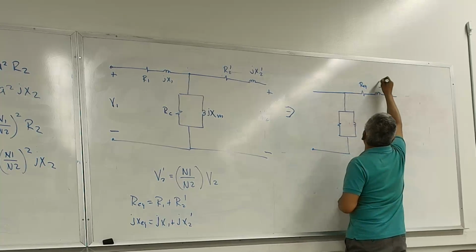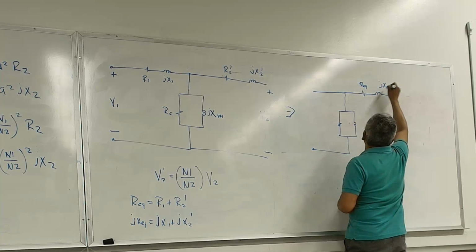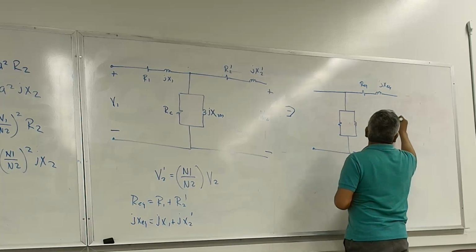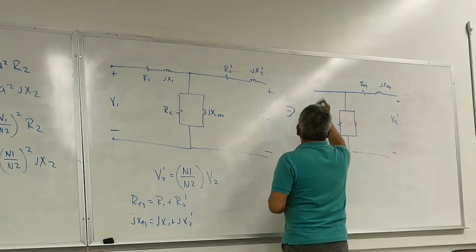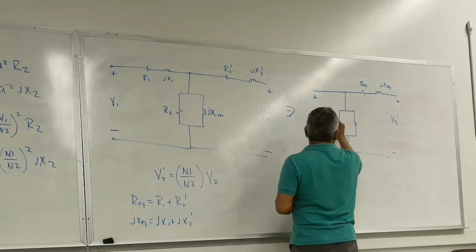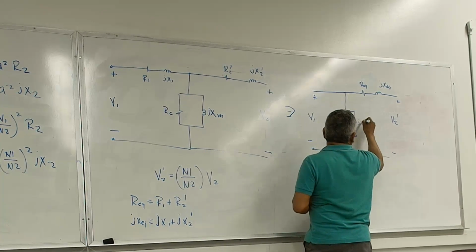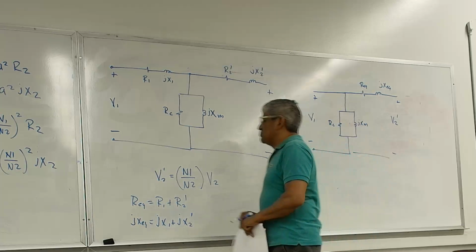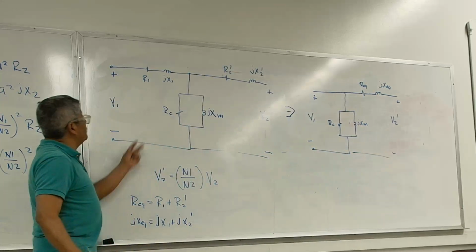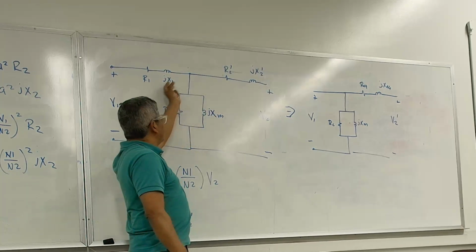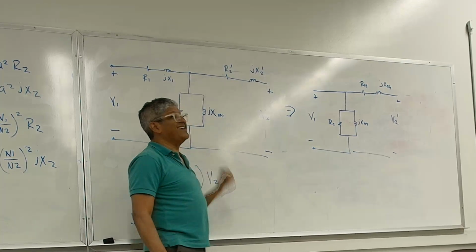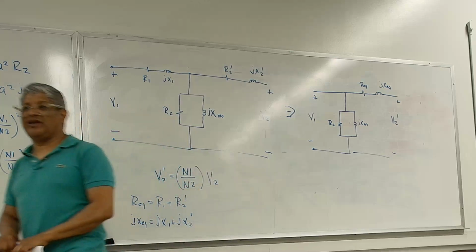REQ, JXEQ, V2 prime plus minus, V1 plus minus, RC, JXM. Okay, so basically what we have done, we have combined the resistances and the reactances of the transformer as seen from the primary side of the transformer.